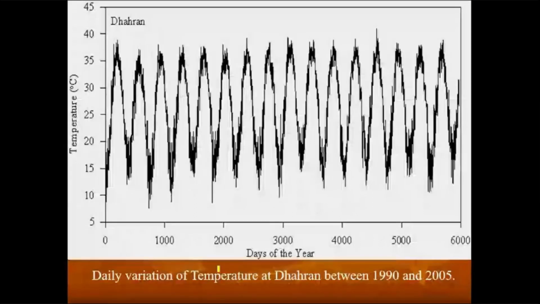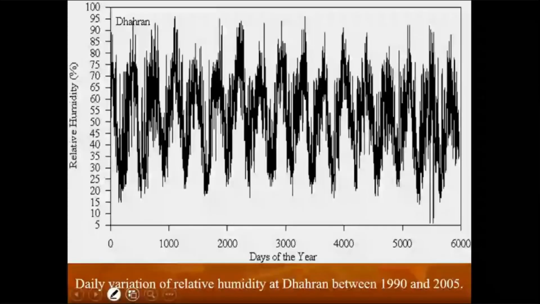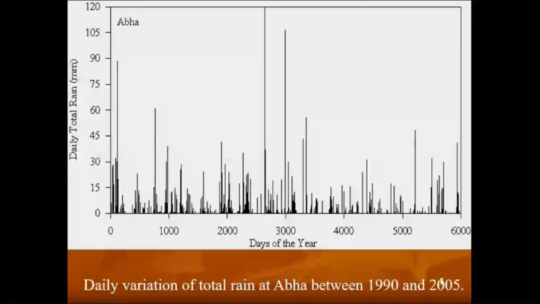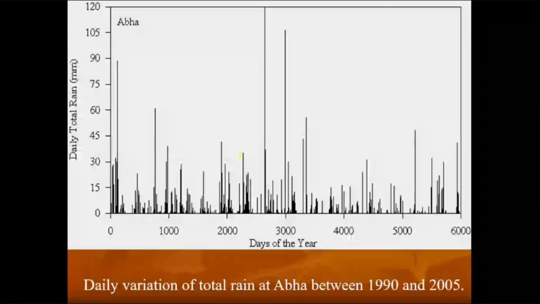This is the daily variation of relative humidity at Dhahran. The duration is always the same, 1990 to 2005, right? This is the total rain during these 15 years. This is the national time series of the temperature.